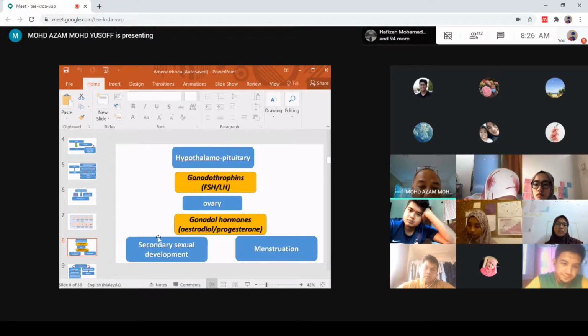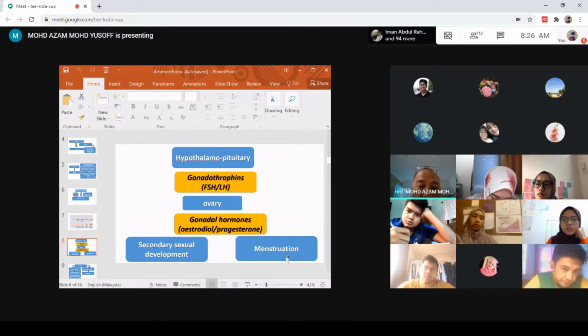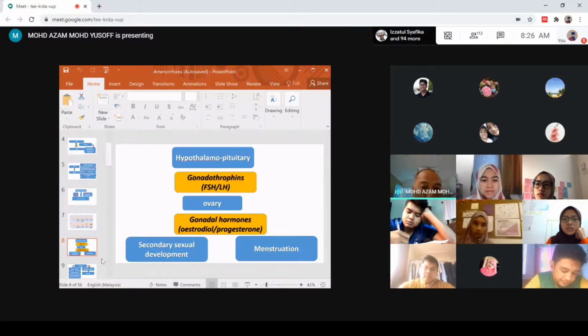One is development of maturation of secondary sexual development. The other one is to start the menstruation. So there are 2 main effects: one is sexual development, the other is menstruation. That is what happens at puberty.